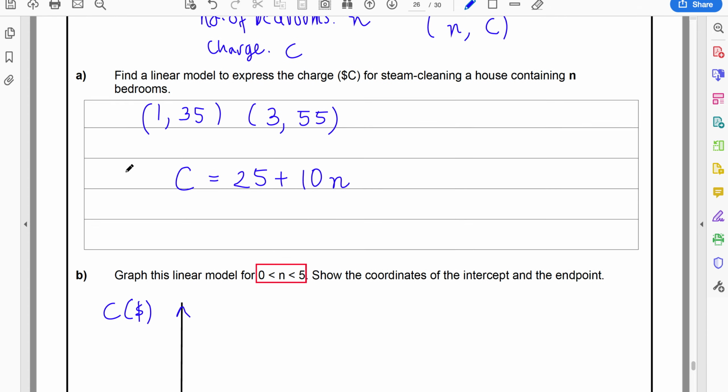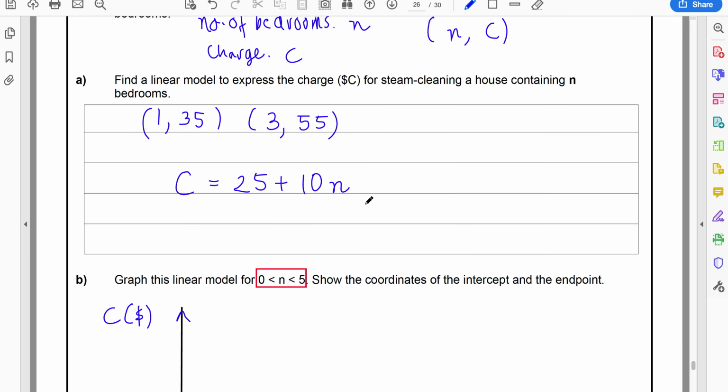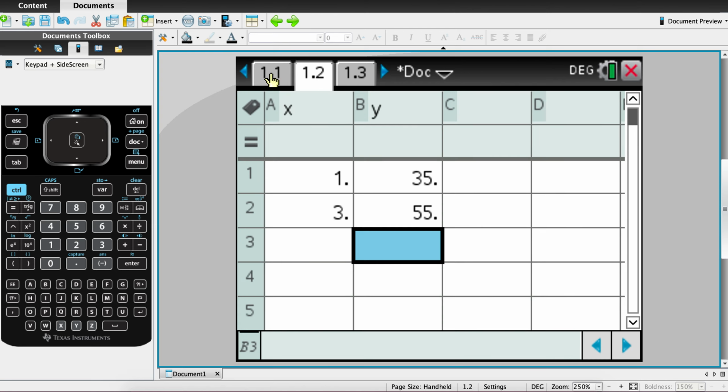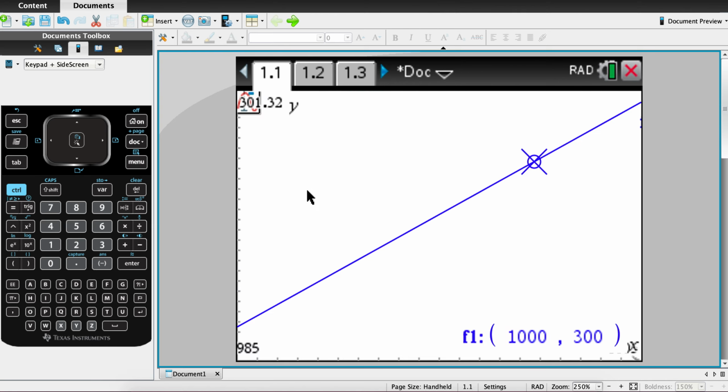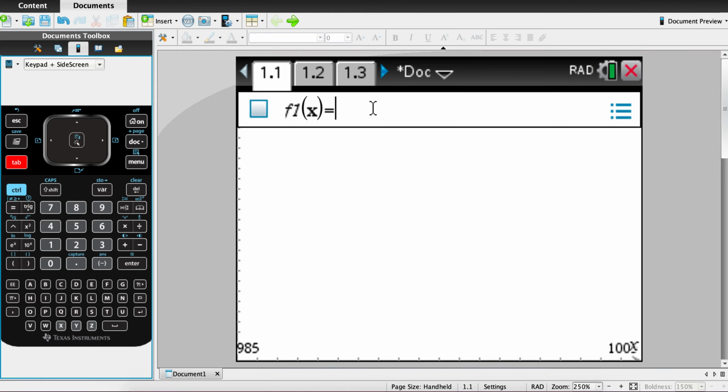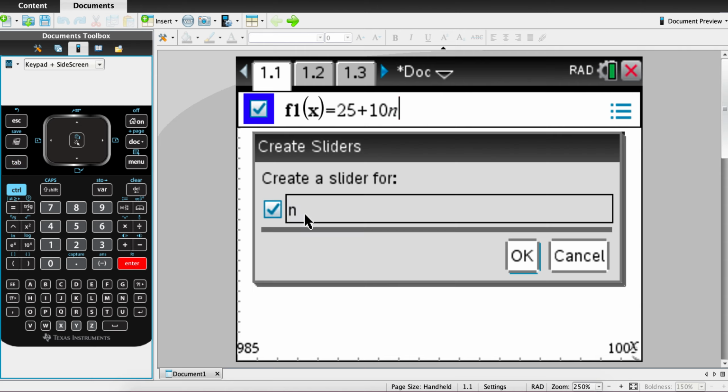Okay, now we've got this rule. So again, you could use your calculator to help you. I'll just go back to this one and I'll just delete that graph. To get a new one, you can just press tab. It's going to let me put a new one in. Okay, so we had 25 plus 10n.